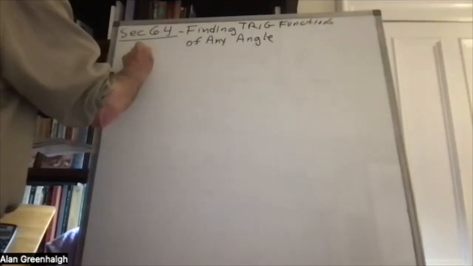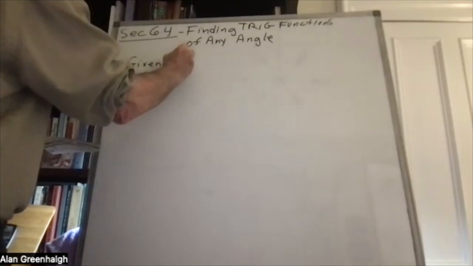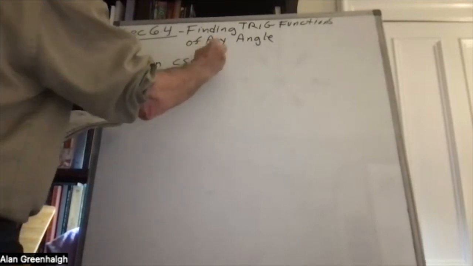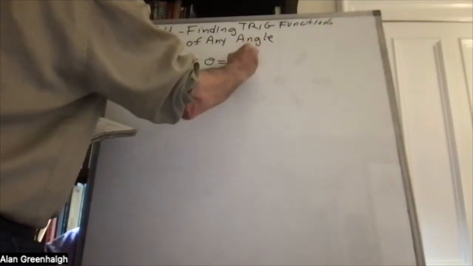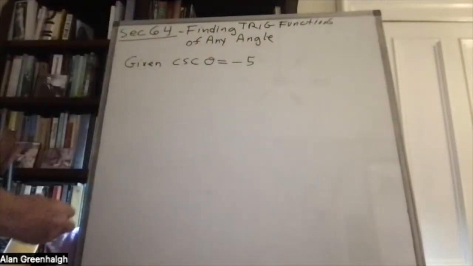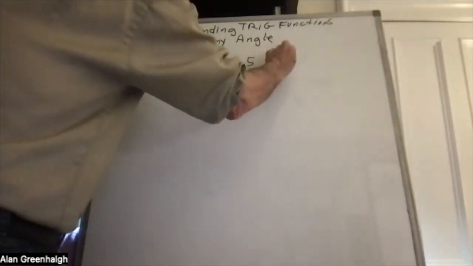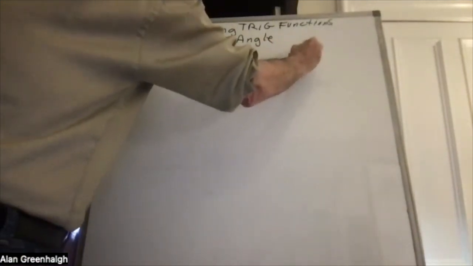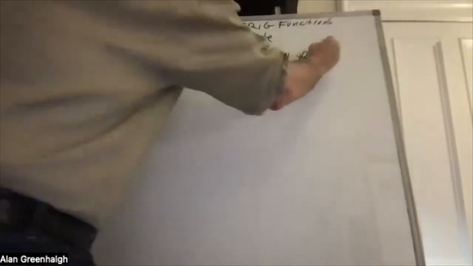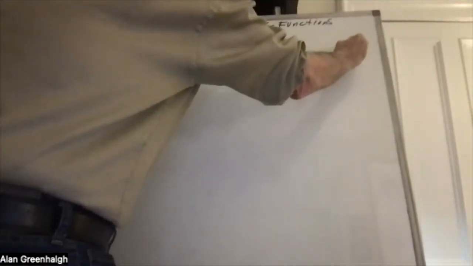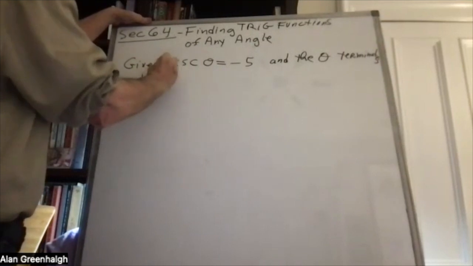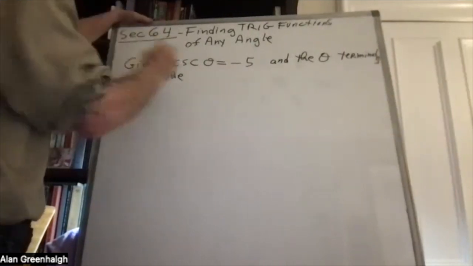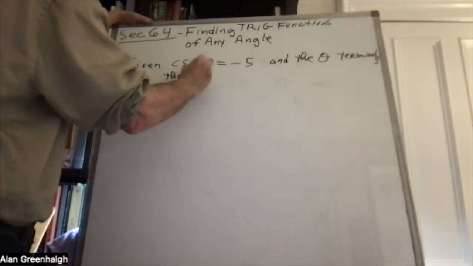Given the cosecant of theta is equal to negative 5, and theta terminates in the third quadrant.